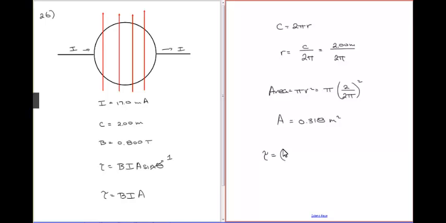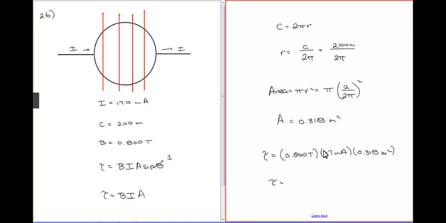So all we have to do now is take the magnetic field strength, which was 0.800 Tesla, multiplied by the current, which was 17 milliamps, and then multiplied by the area, which is 0.318 meters squared. And so the torque, 0.8 times 17 times, okay, we've got to convert milliamps to amps, so we can divide by 1,000.